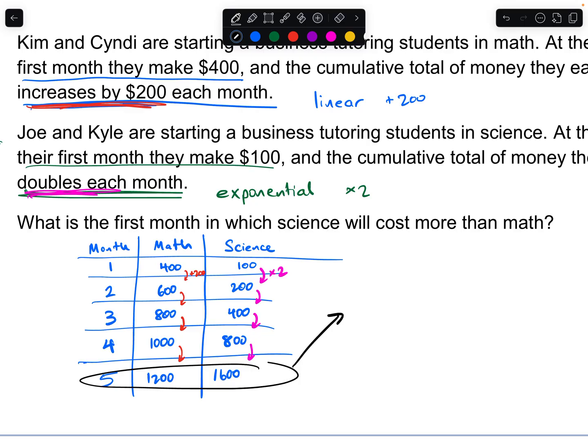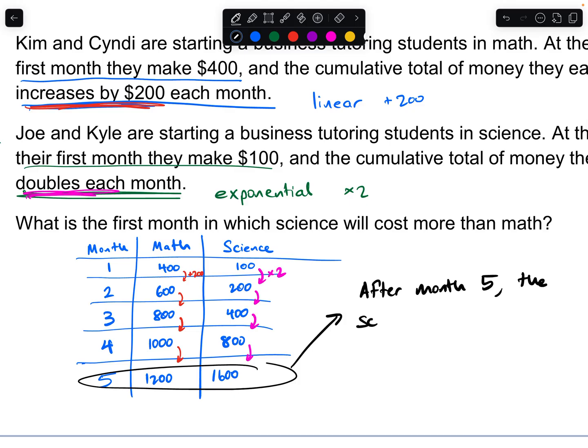Let's just write our answer out in words. So we could say after month 5, or after 5 months, the science business earns more than the math business.